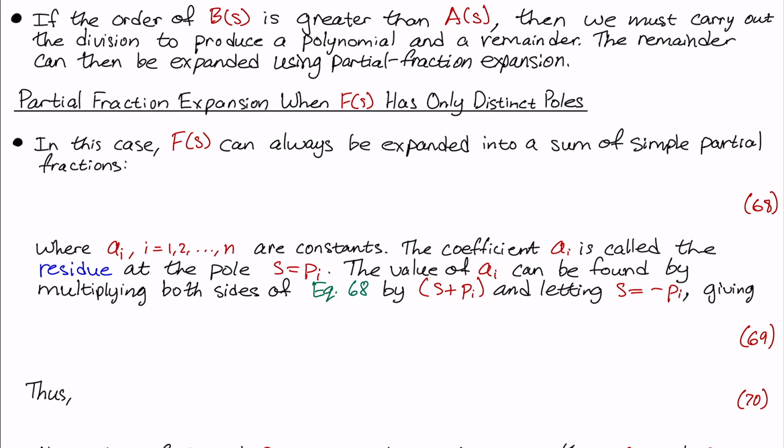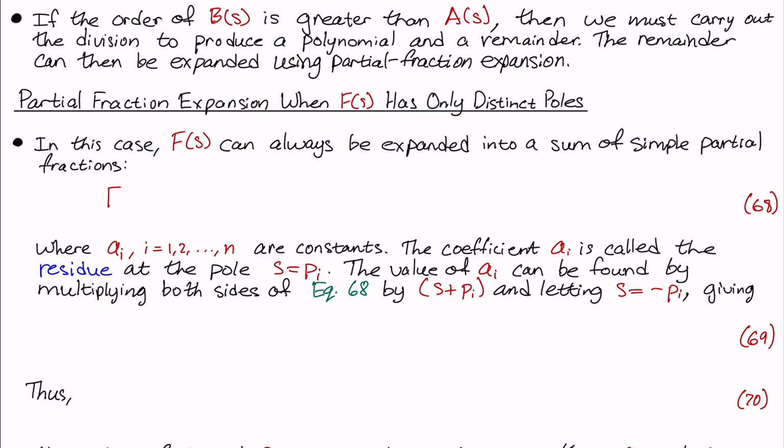Okay, we're going to start by looking at the case where we'll do this partial fraction expansion when f of s only has distinct poles, so that means there are no repeated roots in the denominator. And in this case, we can always expand f of s into a sum of simple partial fractions.